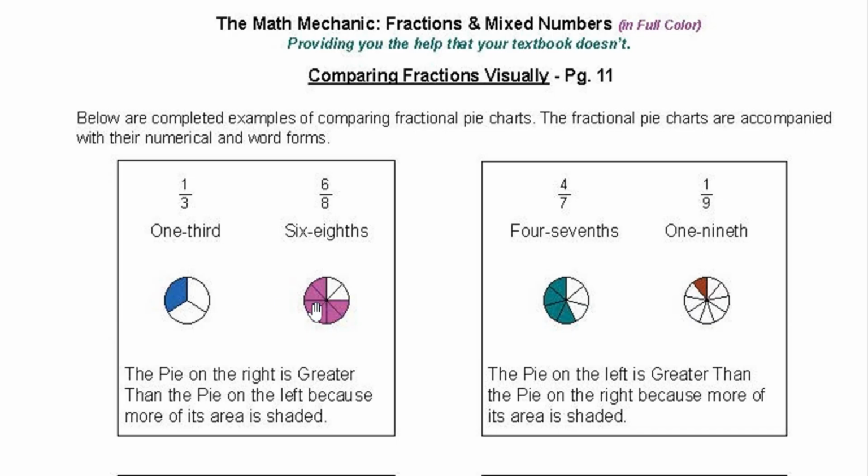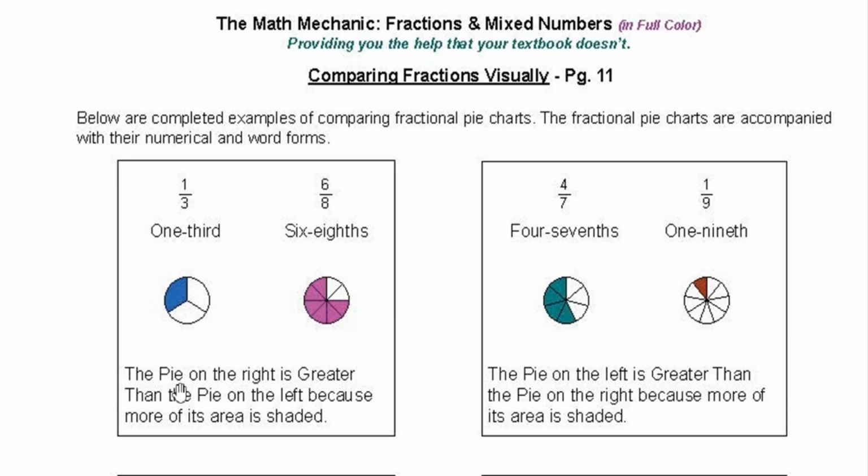This pie has more of its area shaded than this pie. So the pie representing the fraction 6/8 has more of its area shaded than the pie representing the fraction 1/3.